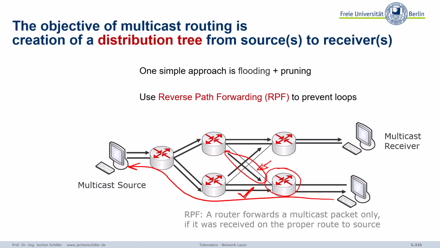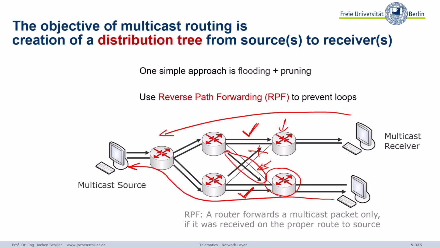And the same is true for this upper router. So this is the correct path, but not any data received here. So we forward the packets only if they were received on the proper route. And it's called reverse path forwarding because the proper route was discovered from the receiver towards the source.